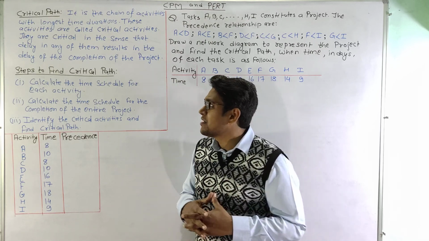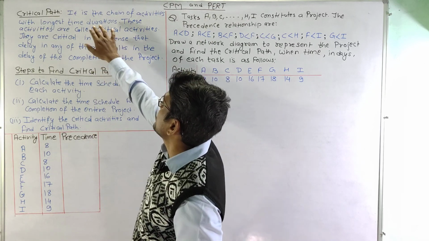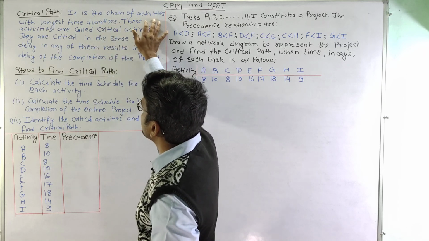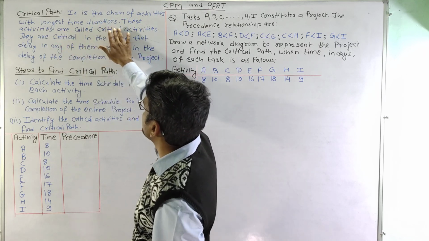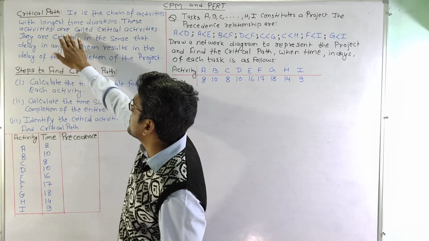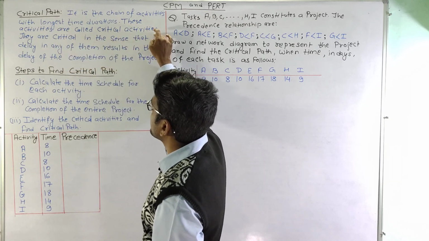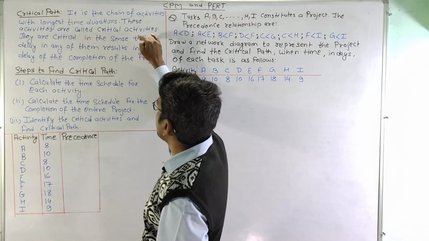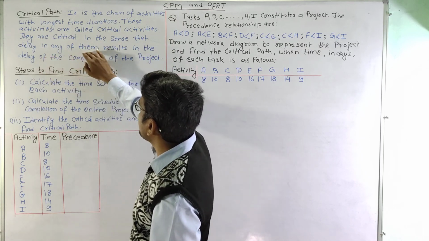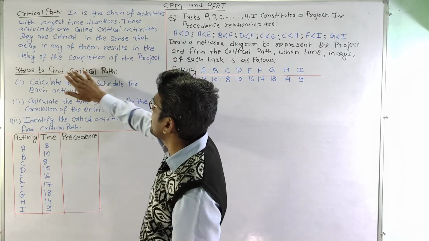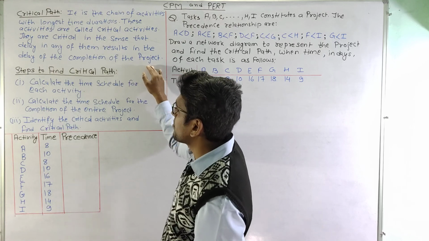So let us see here. Critical path is the chain of activities with longest time durations. These activities are called critical activities. They are critical in the sense that delay in any of them results in the delay of the completion of the project.